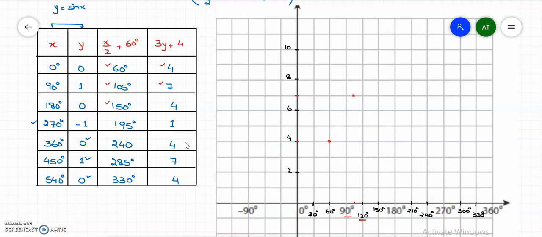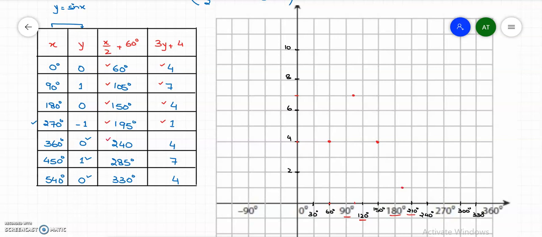Now when x is 150, the y value is again 4. When x is 195, the y value is 1. 195 lies between 180 and 210, so the y value is 1, right?